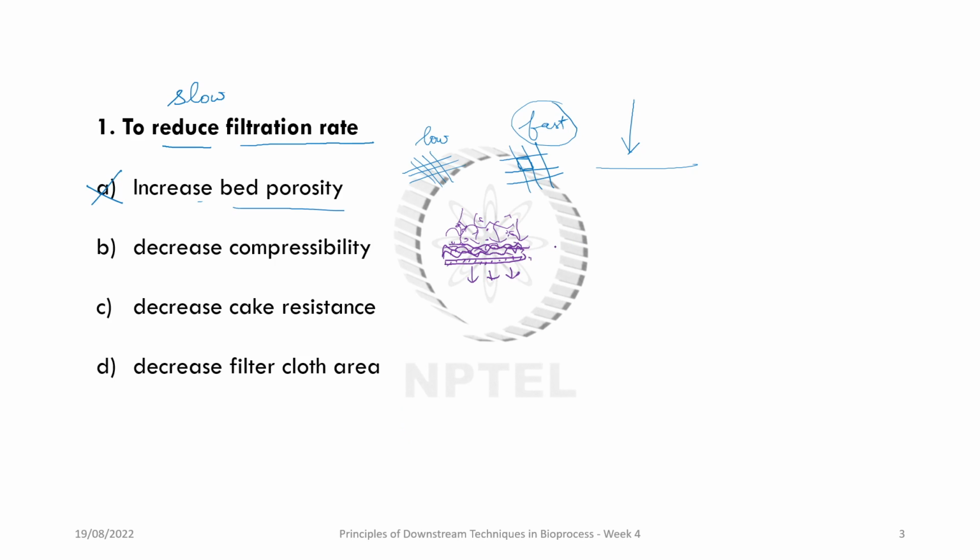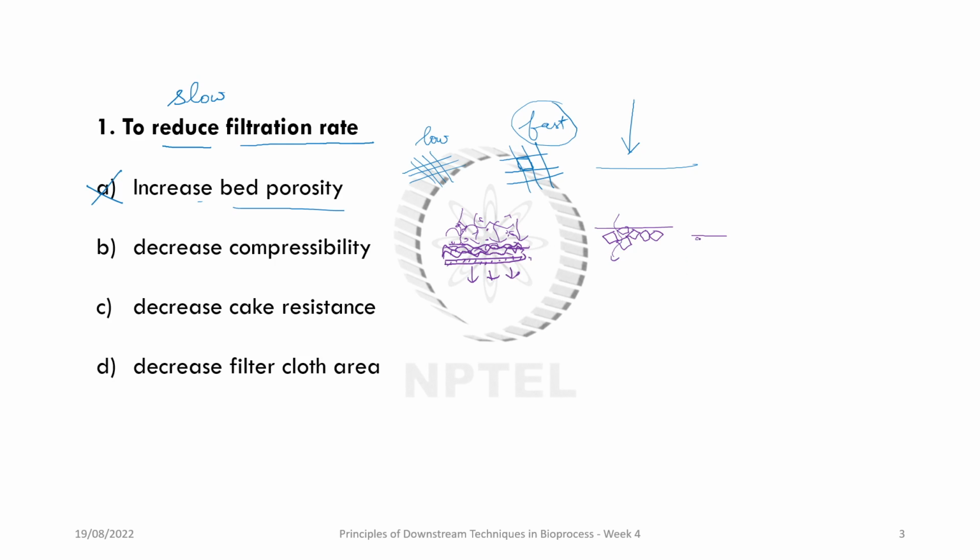So, the greater the compressibility, the greater the resistance, right? If you have solids that are not so compressible, which means they are hard enough that any amount of pressure is still going to leave a little space between them for the liquid to percolate through.